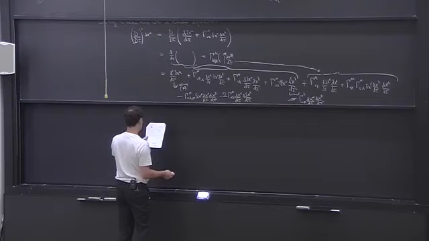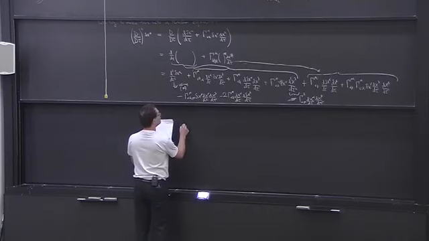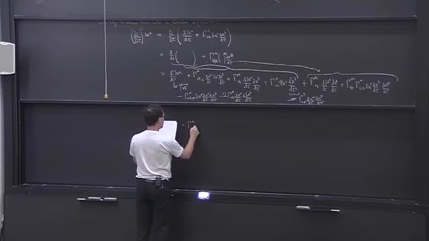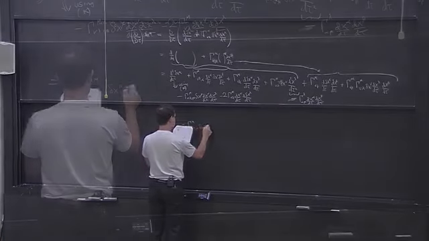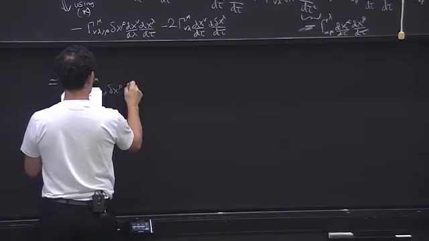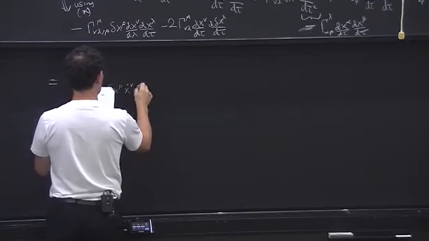And so I can write this as minus gamma mu nu lambda comma rho of delta x rho. Let me do x dots just to save a bit of time. X dot nu, x dot lambda.